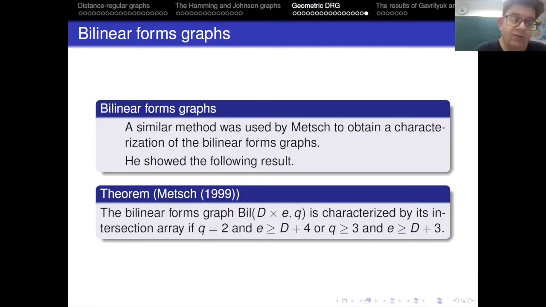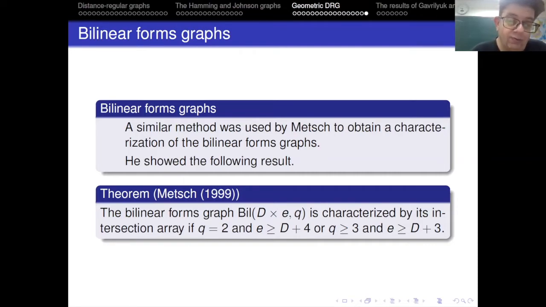So for q is 2, we need that e is at least d plus 4, and for q at least 3, we need that e is at least d plus 3. What happens with d plus 2 and d plus 1 and d, we don't know. This is something nobody knows, and I'm sorry for that. So that is very open.